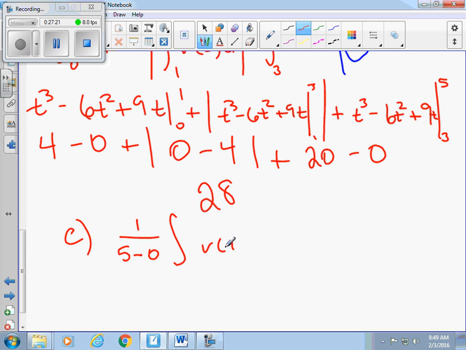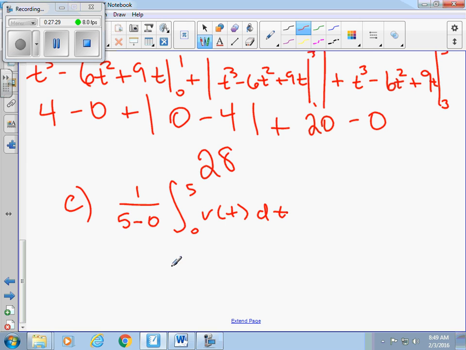I don't remember what v of t was. From 0 to 5. I know the antiderivative of v of t, though. I just did it 3 times. Well, I wrote it down 3 times. So I have 1/5 times t cubed minus 6t squared plus 9t from 0 to 5.